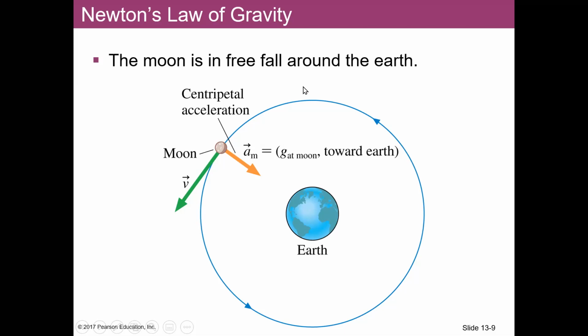The upshot is that the ratio of the acceleration due to free fall of the moon towards the Earth and, say, exactly on the Earth is in strikingly curious relation to their distances. So you take an object near the surface of the Earth, right? It has an acceleration due to free fall of 9.8 meters per second squared.